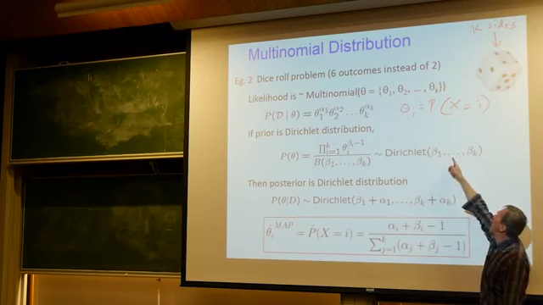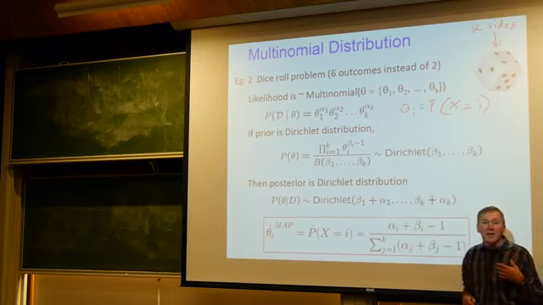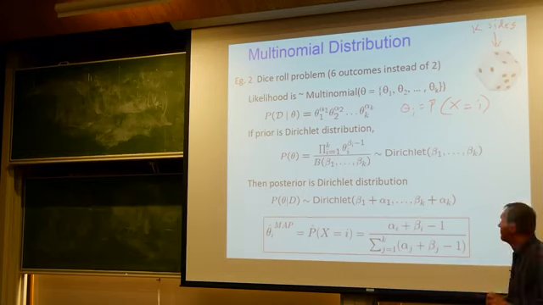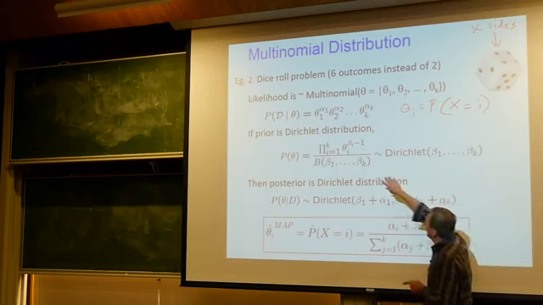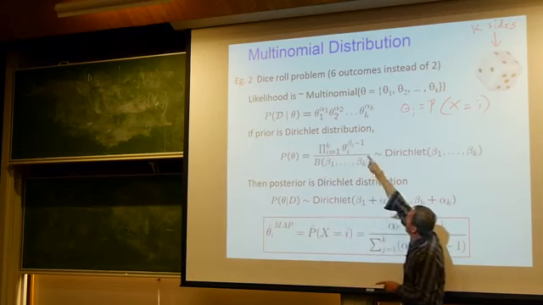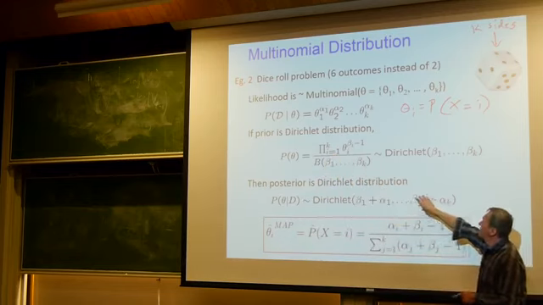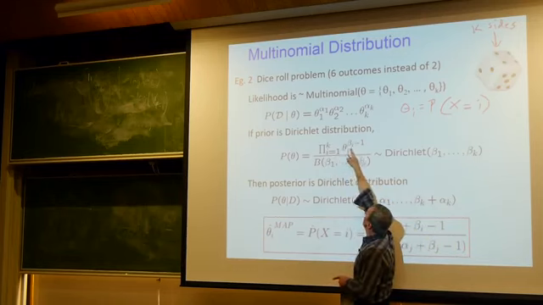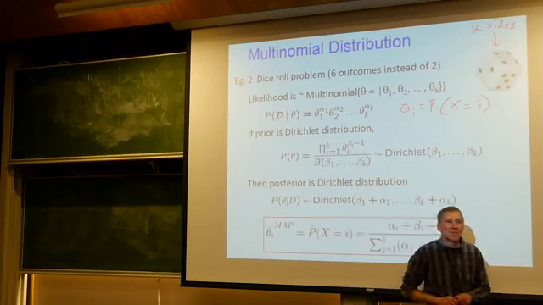We have to make up these betas, which stand for the number of hallucinated flips that we're doing that show up with that side of the die, minus 1. Okay, and so then if we try to get this by multiplying the prior times the data likelihood, we end up with another Dirichlet distribution where now the exponents are the alpha sub i's plus these beta i minus 1.